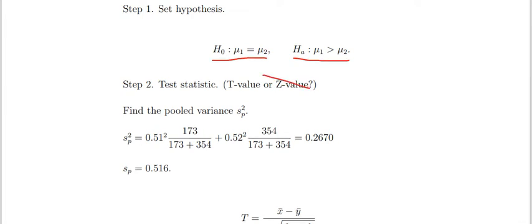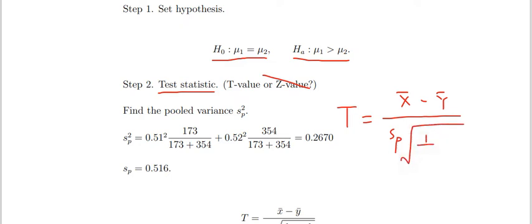But if the sample size is quite big, then Z value and T value have no much difference. Anyway, the test statistic uses this formula: T equals x bar minus y bar over SP times the square root of 1 over n1 plus 1 over n2.